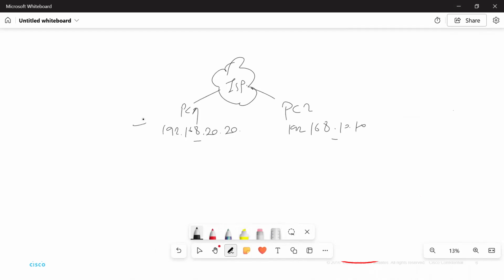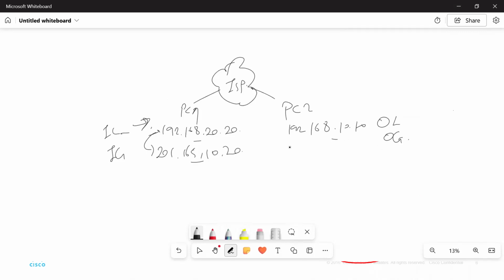So from this perspective, if we are sending our packet from PC1, this address is our inside local address. Then let's assign a 165.10.20. This will be our public IP address. So this is our inside local, this is our inside global. From the perspective of the destination, this is the outside local.